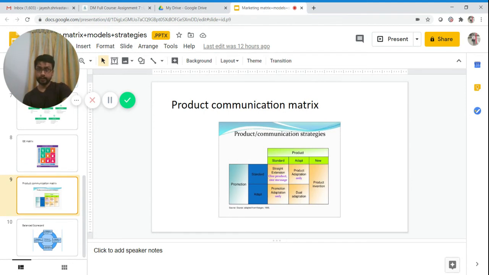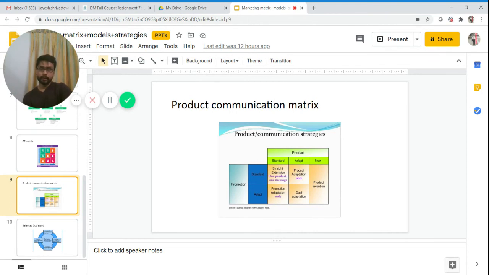The second strategy is product extension but communication adaptation. So you're extending the same existing product, but you're changing your communication strategy depending upon the local requirements, how people are perceiving the product in that region. Next would be product adaptation and communication extension.